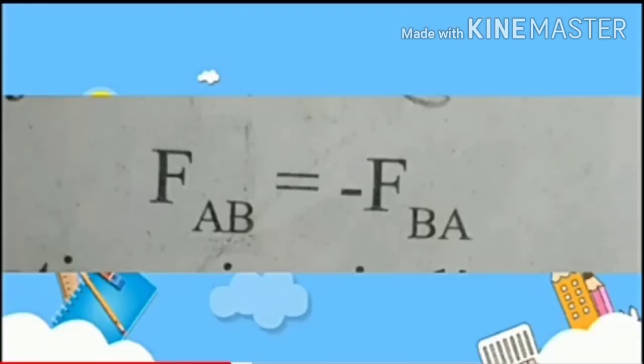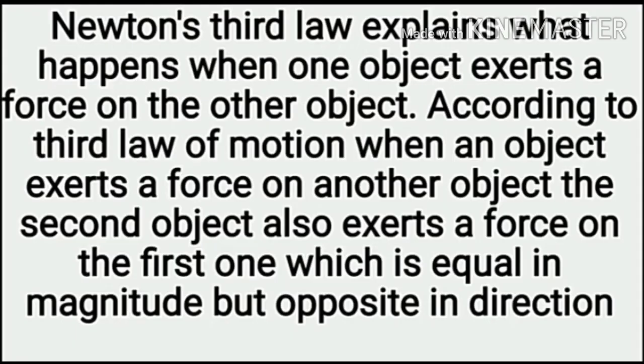FAB equal to minus FBA. The force applied by object B on A will be equal to the force applied by object A on B, but they will be in opposite directions. Let us see the definition of Newton's third law.